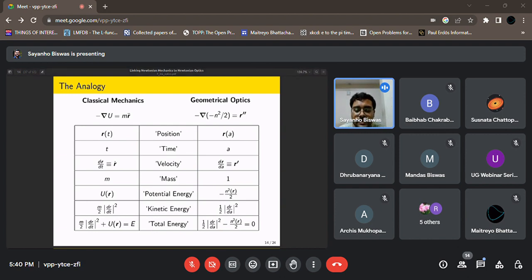Why is the total energy zero in the geometrical optics case? Look at the expression for kinetic energy and the expression for potential energy. Now try to remember how I defined the stepping parameter A.